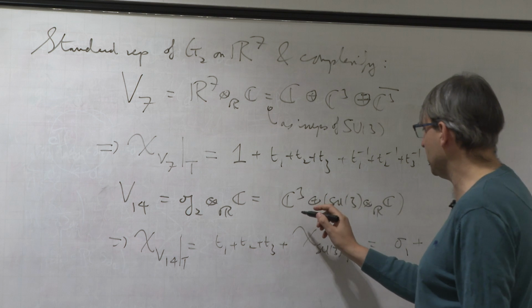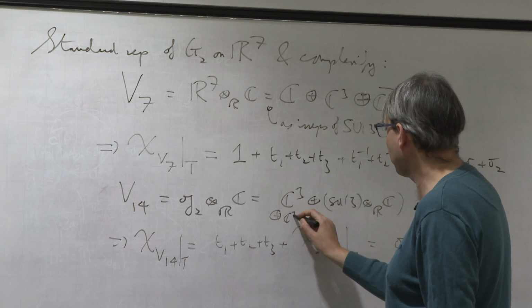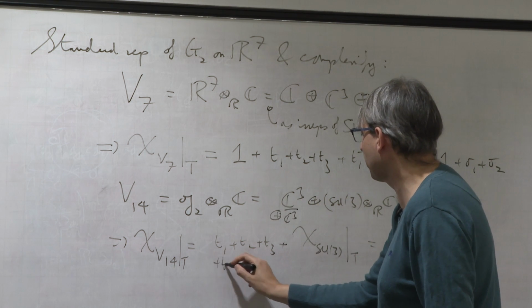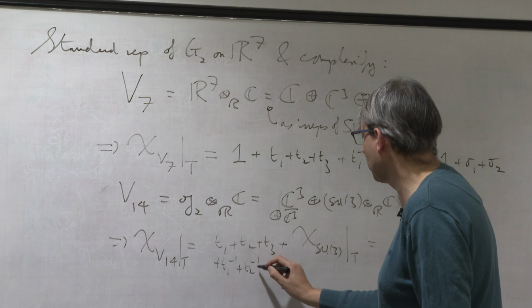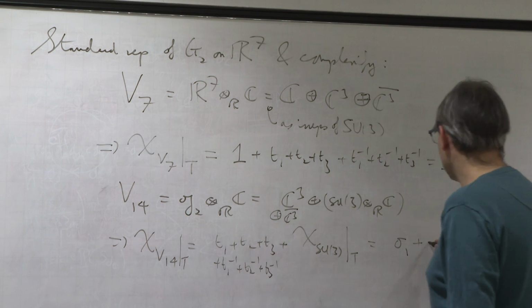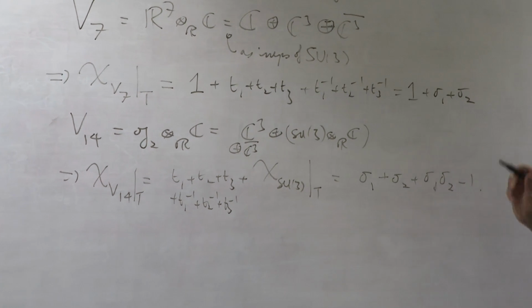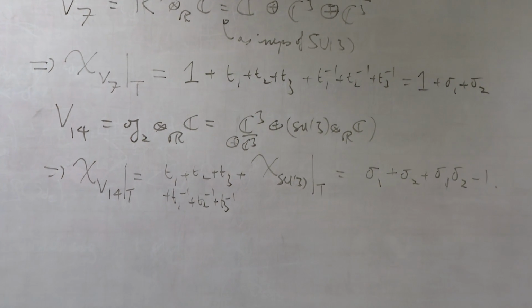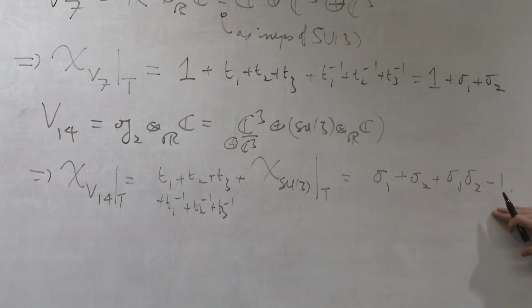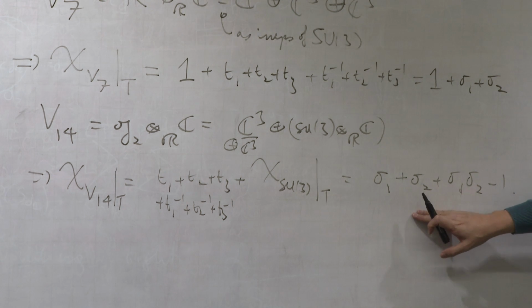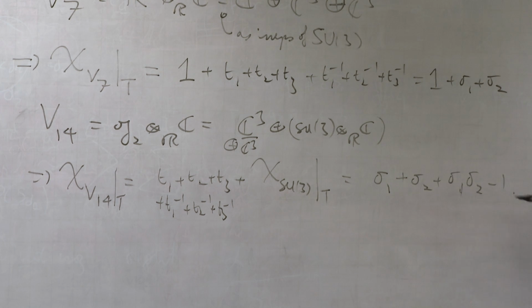Sorry, I messed up here. There's also a C3 bar. And this is going to be sigma 1 plus sigma 2 plus sigma 1 sigma 2 minus 1. Right, because this was the one for SU3, and this is the one for the C3 plus C3 bar part. And so we've got everything, right? And so it's true.